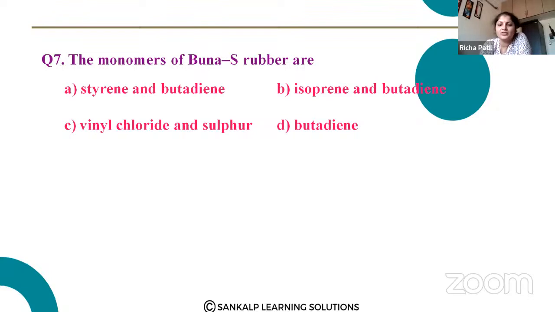So one is butadiene, and S is styrene. So Buna S is styrene and butadiene. So it is A, and this is the correct answer.